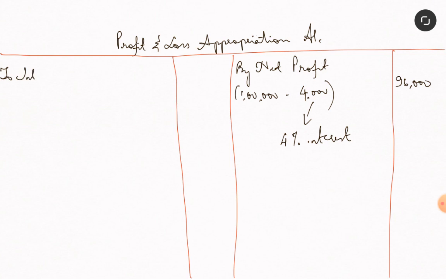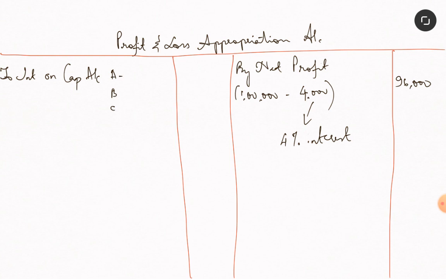Interest is going to be for all of your partners A, B, C. Interest is chargeable at 5%. And the capital is being given in the question. If you look at the table, the second column, capital for partner A, 1,50,000, for partner B, 1 lakh, and for C, rupees 50,000.